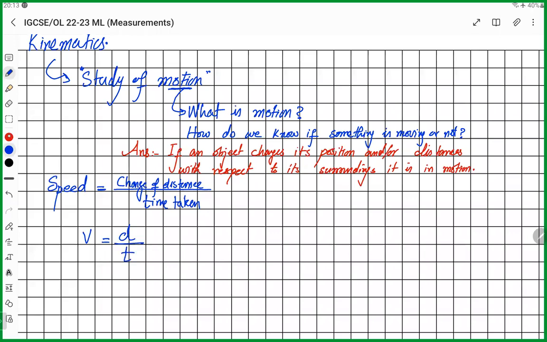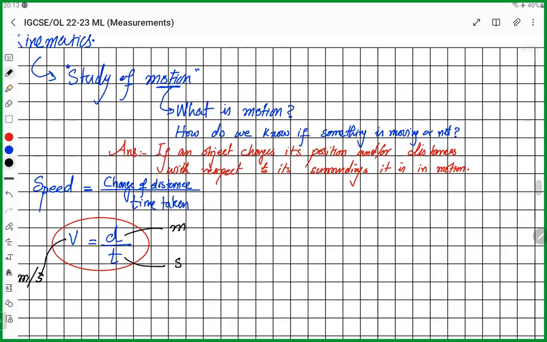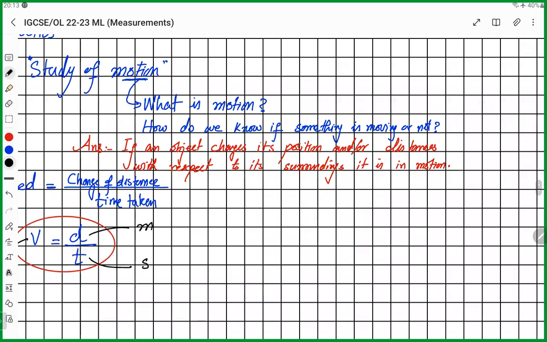So that is the first formula for this topic. Distance is always measured in meters. Time is always measured in seconds. So speed will always be in meters per second.